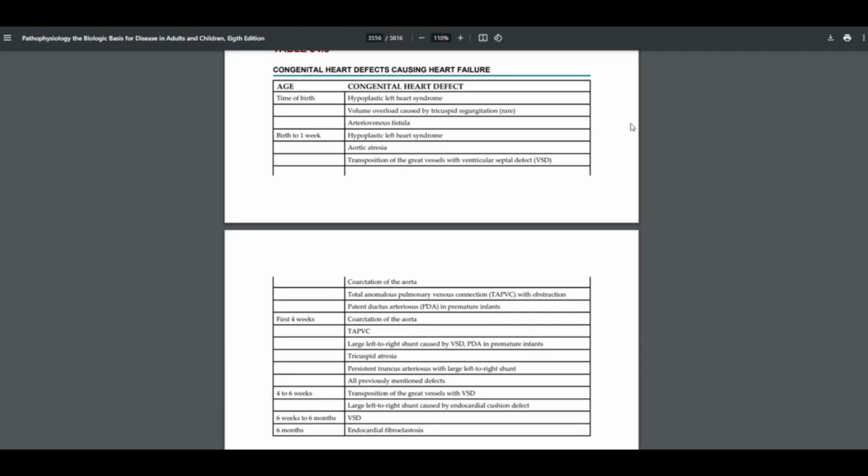The first 4 weeks, there are coarctation of the aorta, TAPVC, or total anomalous pulmonary venous connection, a large left to right shunt caused by VSD or PDA in premature infants, tricuspid atresia, persistent truncus arteriosus with large left to right shunt, and all previously mentioned defects.